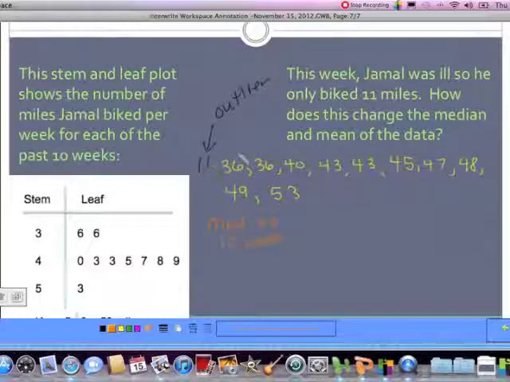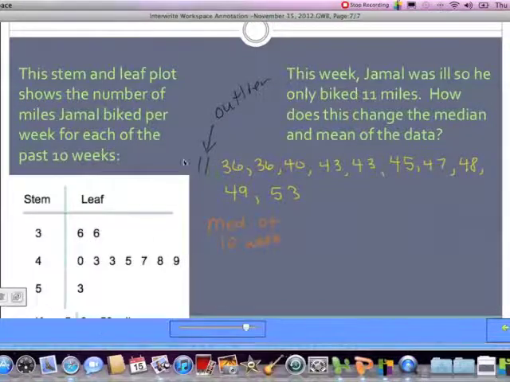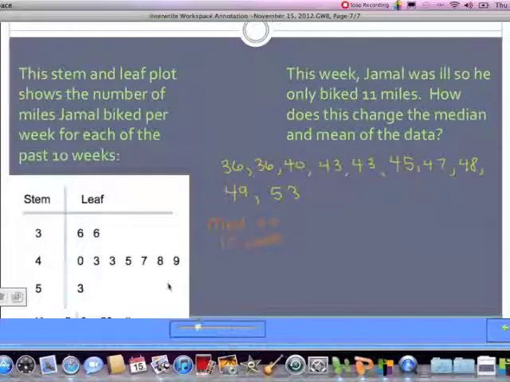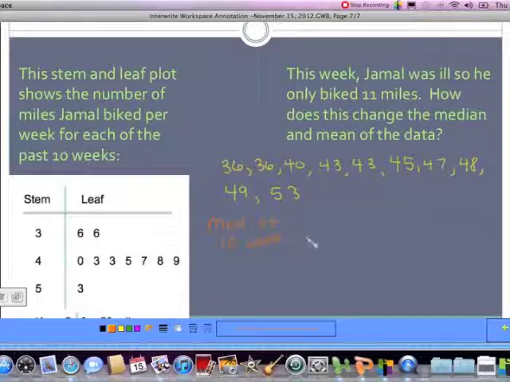Ignoring this 11, in fact I'll just erase it here. All right, let's find the median of the 10-week data, and we'll do that by going front, back, because our numbers are already in order, so we can just start crossing out front, back, front, back, front, back, front, back. Now, what happens when you have two numbers and you need to find the middle number in between those two numbers? You have to find the average of these two numbers.